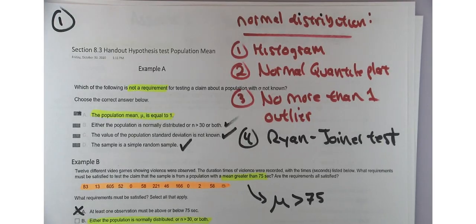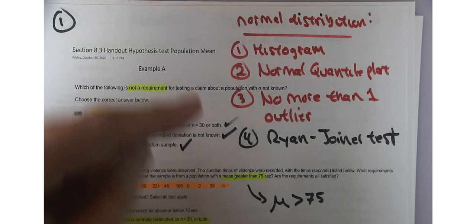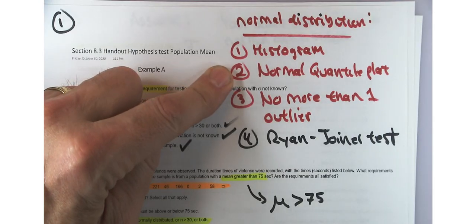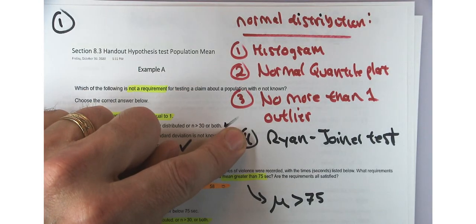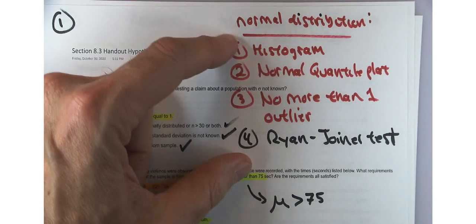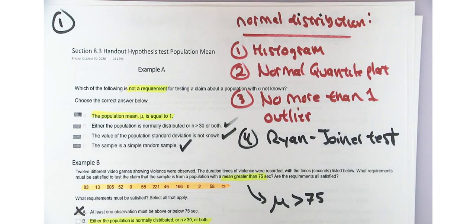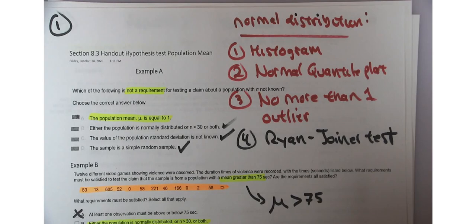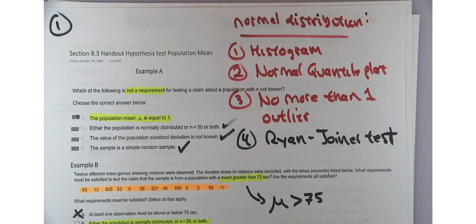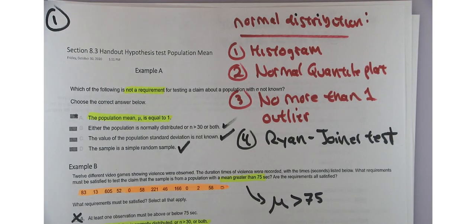Yeah, QQ plot or a normal quantile plot. Those are synonyms. Ryan-Joiner test if you want to really be fancy, but if you get 2 or 3 of these, I'll be pretty happy. If you get 4, I'll be ecstatic. In any case, there's a lot of different ways we can look and decide if we have normally distributed data.